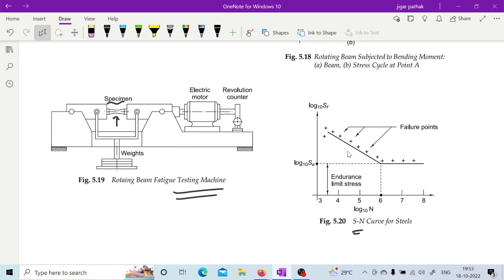So basically this is a log plot of number of cycles, and this is what we call the endurance limit.